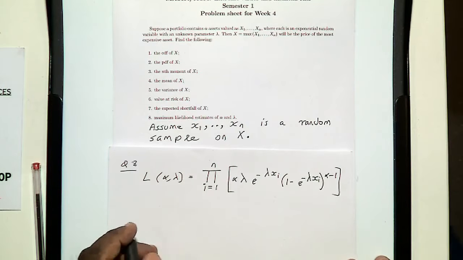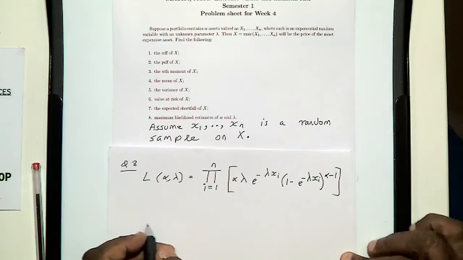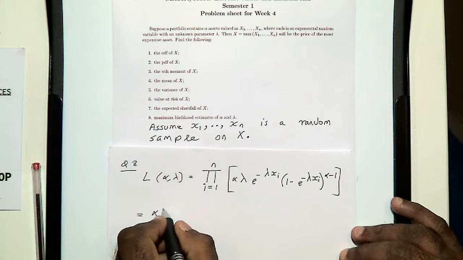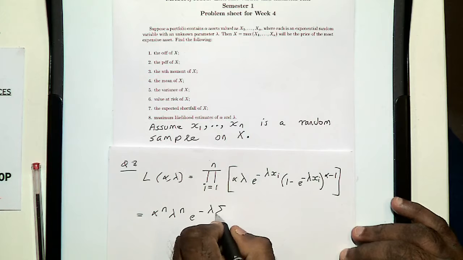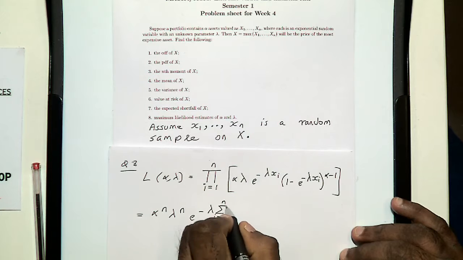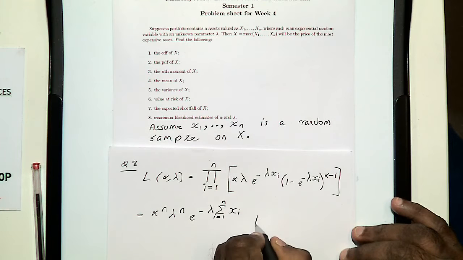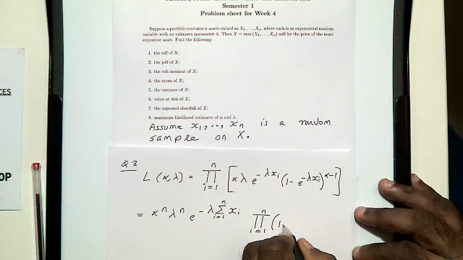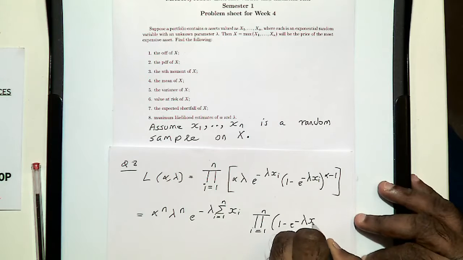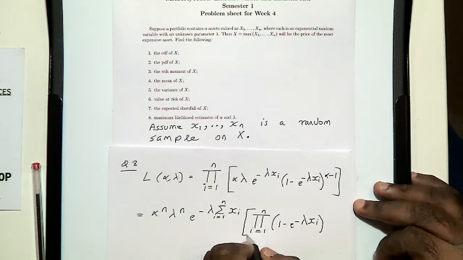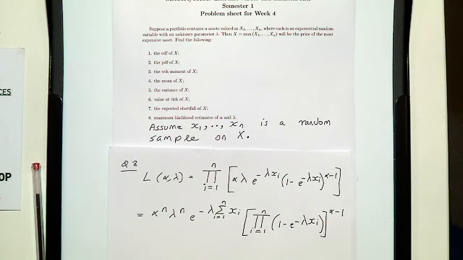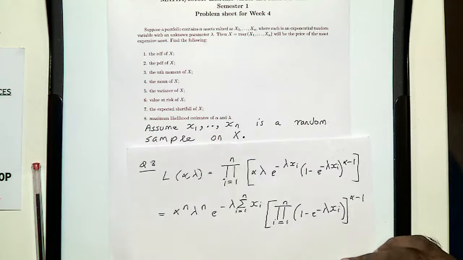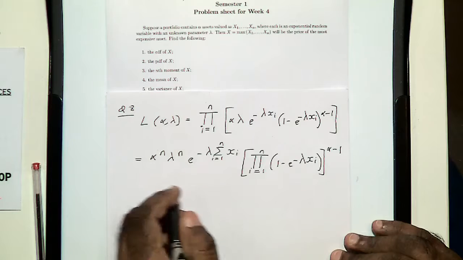Now if you simplify this, right? Okay. The next step is to take the log of the likelihood.